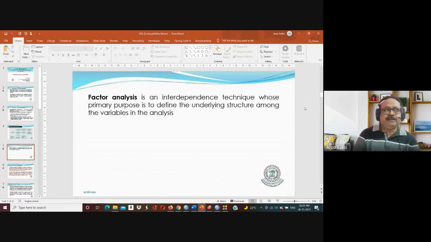Now, the back-end algorithm or statistical computations for both these analyses, or the approaches to both these analyses, are almost similar, except the fact that principal component analysis, or PCA, primarily focuses on data reduction. It doesn't go to that extent to identify what is the underlying factor structure of my data set.